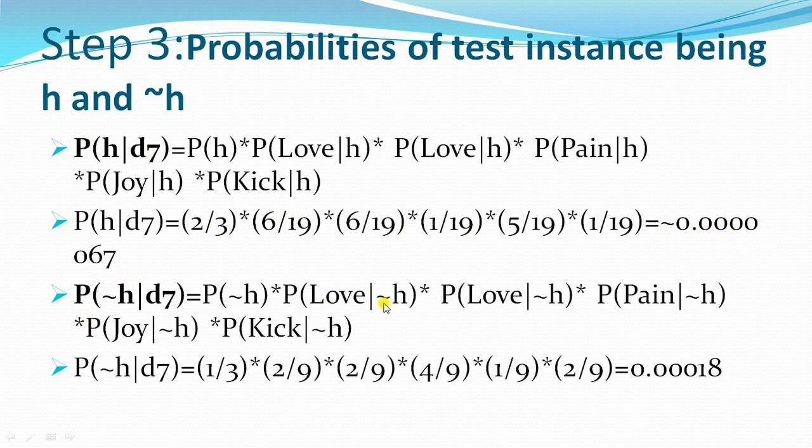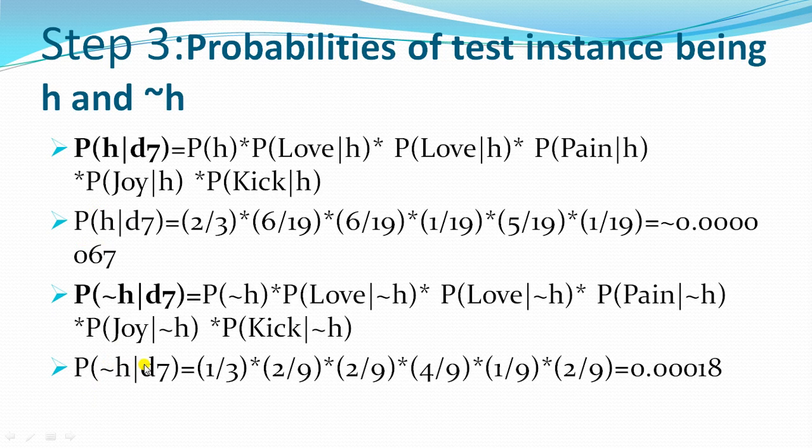Here also we have calculated this. This is the prior probability, and these things we already calculated in the conditional probability. Our work is to multiply each and every term which is there in D7. Since we had some value here, we substituted the value and ended up with something like 0.0018. So comparatively, the probability of D7 being in class negation of H, in the sense not of H, is higher than the probability of D7 being in class H. Yes class, no class.